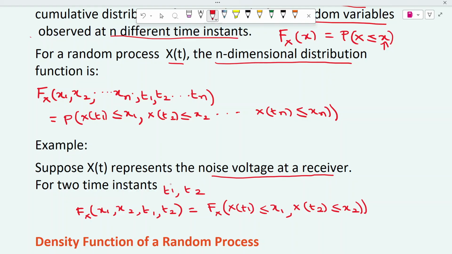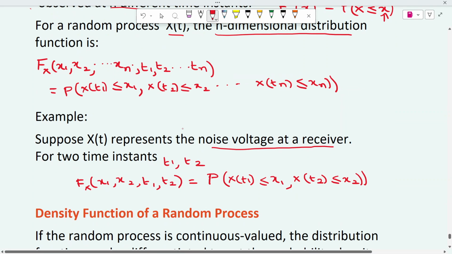So that is given by the probability of X of t1 less than or equal to small x1 and X of t2 less than or equal to x2. This is how we define the distribution function.